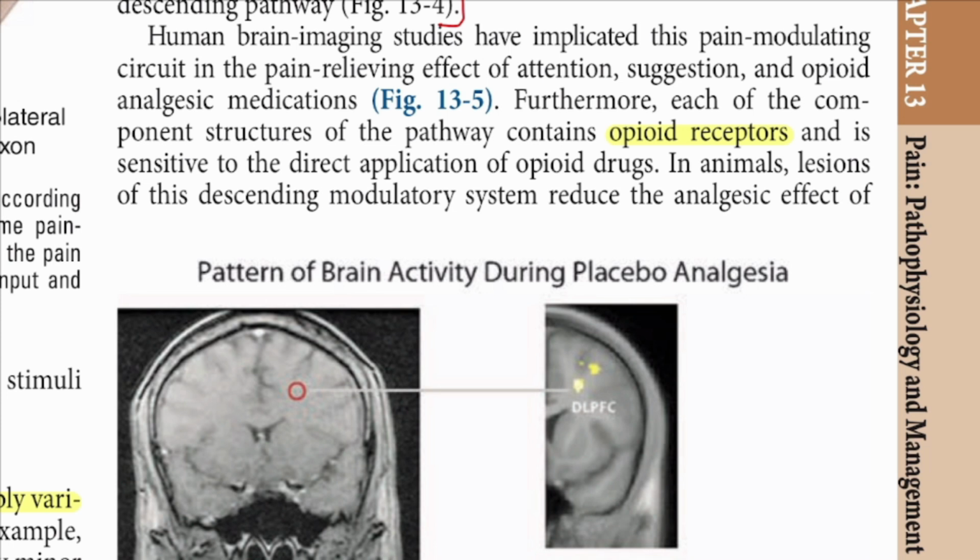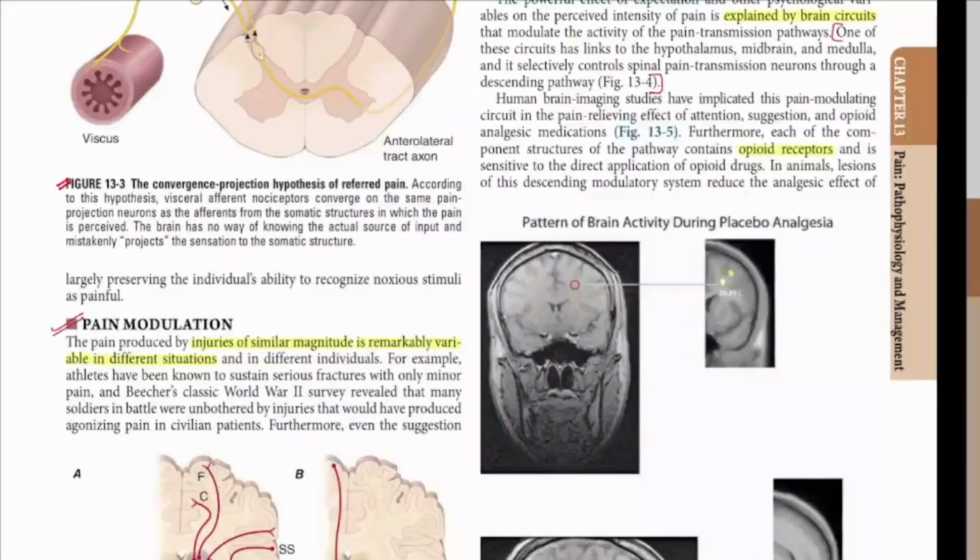So that is also explained by some brain circuits. And opioids, endogenous opioids, they also try to suppress the pain. So that is all a part of pain modulation.